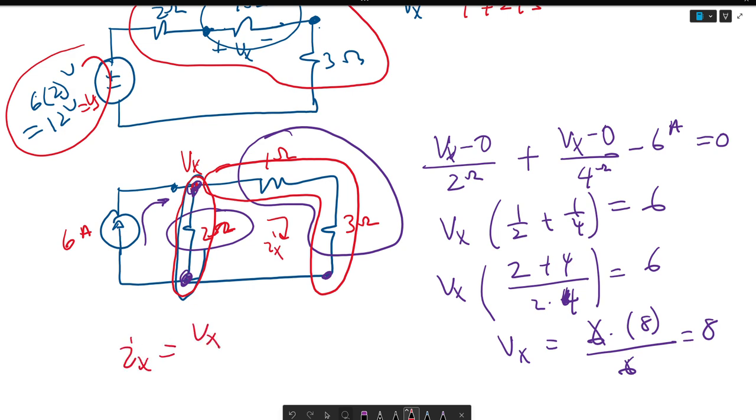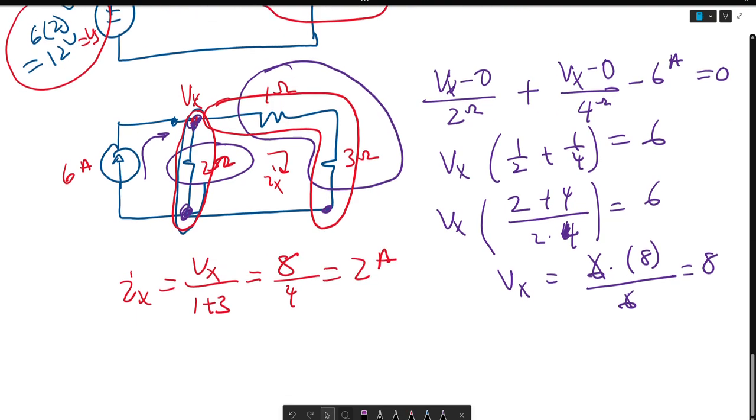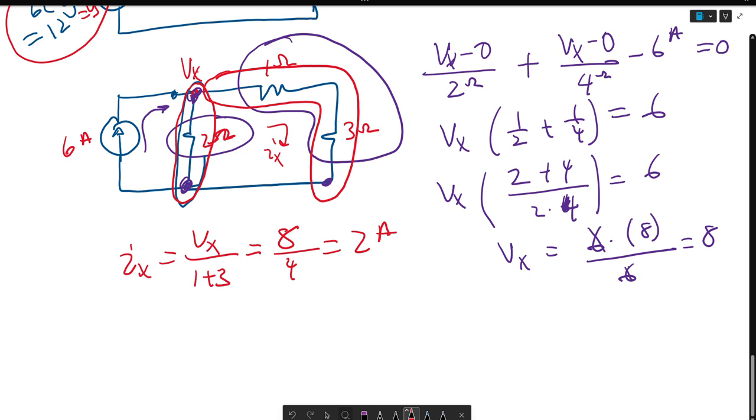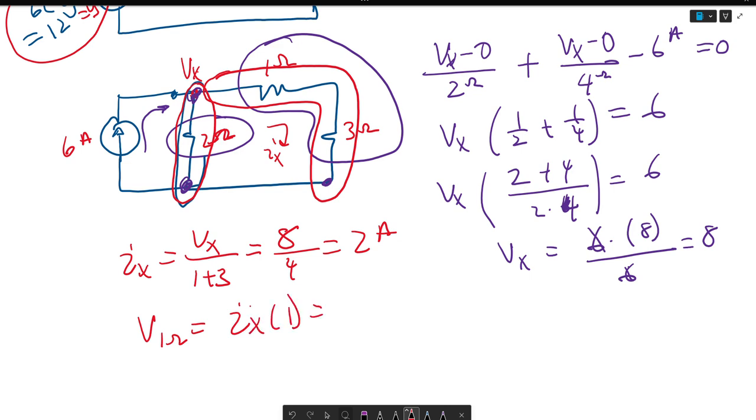Ix is equal to Vx over 1 plus 3, which is equal to 8 over 4, which is equal to 2 amps. And last but not least, I could then say that the voltage over the 1 ohm resistor is equal to Ix times 1, which is 2 times 1, which is 2 volts.